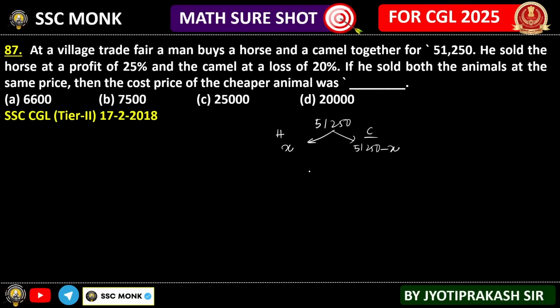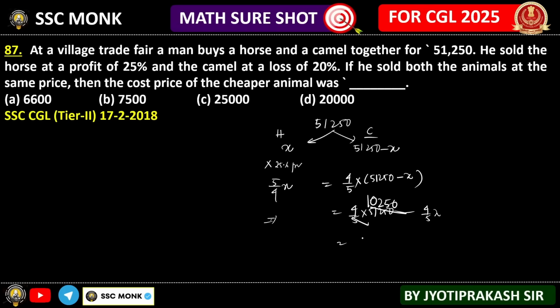Clear? Now, he is selling the horse at 25% profit, that is equal to 5 by 4x, and he is selling at the same price the camel at 20% loss, that means 4 by 5 of 51,250 minus x. Clear? Now it can be written as 4 by 5 into 51,250 minus 4 by 5x. 5 ones are 5, 5 zeros are 0, 5 twos are 10, 5 fives are 25.